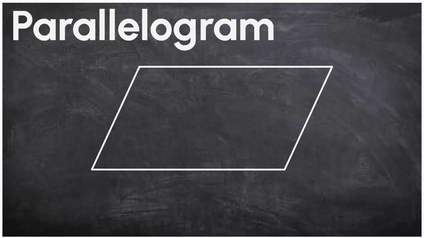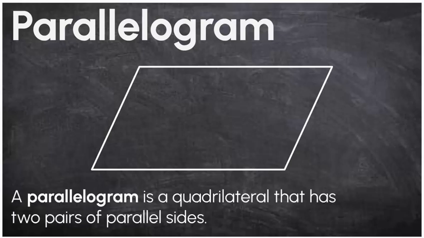Parallelogram. What properties does a parallelogram have? A parallelogram is a quadrilateral that has two pairs of parallel sides. So quad means four. So this has four sides. The top and bottom are parallel, and the left and right side are parallel.